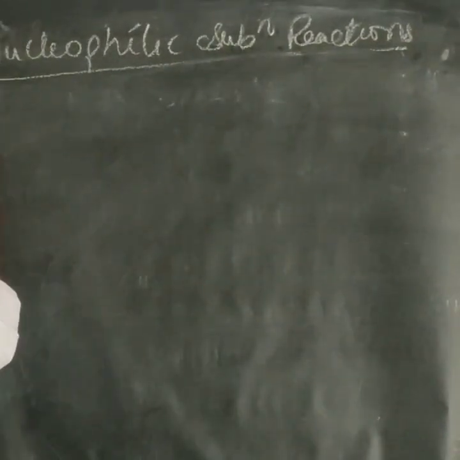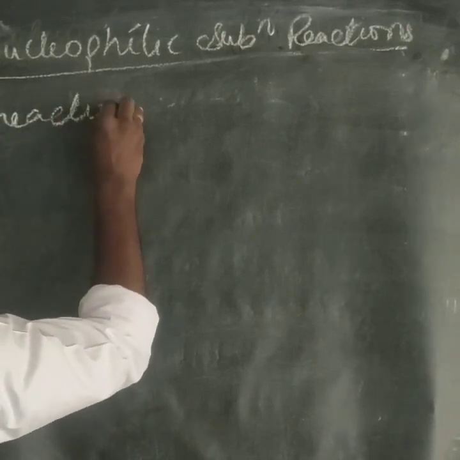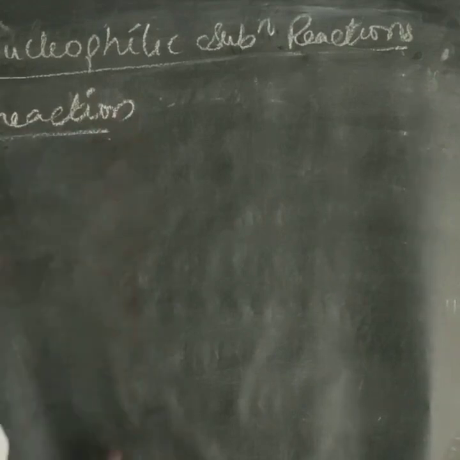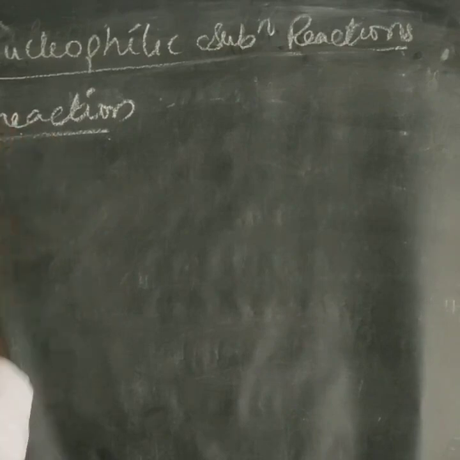Next one, the SN2 reaction. SN2 means substitution nucleophilic reaction: S means substitution, N means nucleophilic, and 2 describes bimolecular. So bimolecular substitution nucleophilic reaction. Why is it called bimolecular nucleophilic substitution reaction?